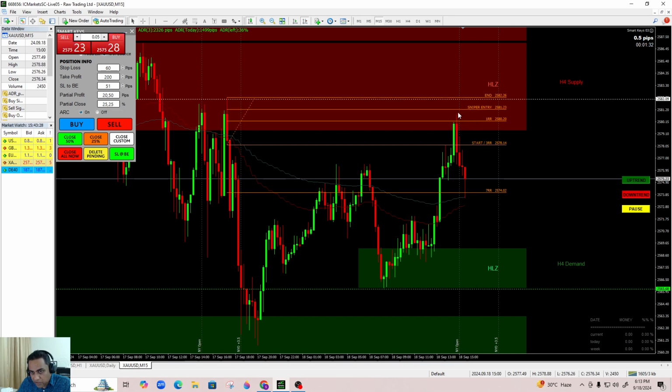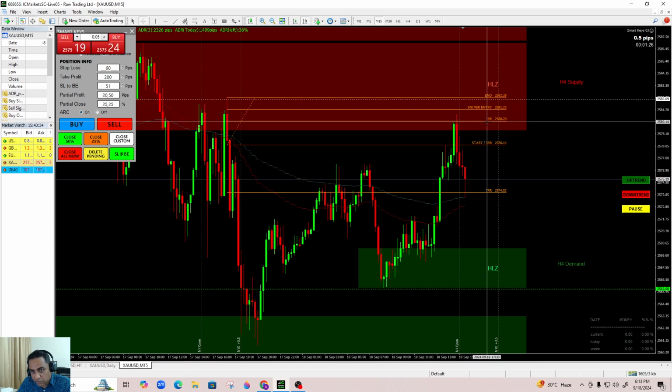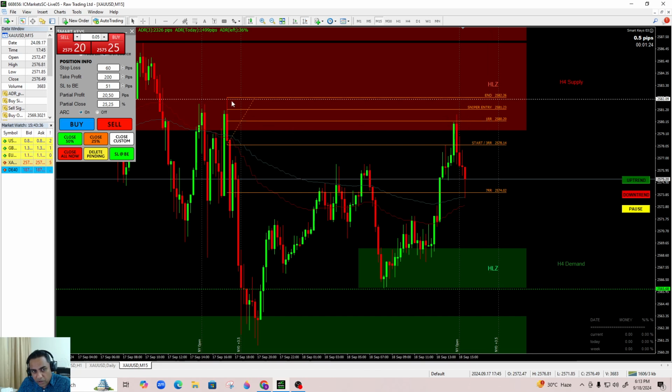Now, does price always come there? Absolutely not. Sometimes it just comes to the mid of the fib, which is the 1 hour. It says 1 hour there, but that's basically the middle of the fib. So if you calculate, that's 20 pips, and below is 20 pips, right? So that's exactly the 50% mark of the fib.